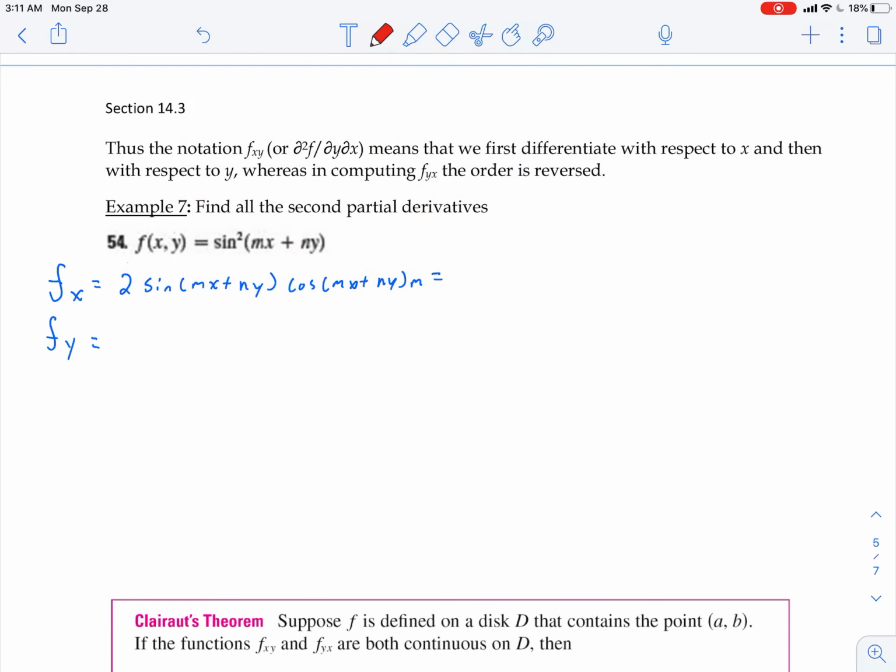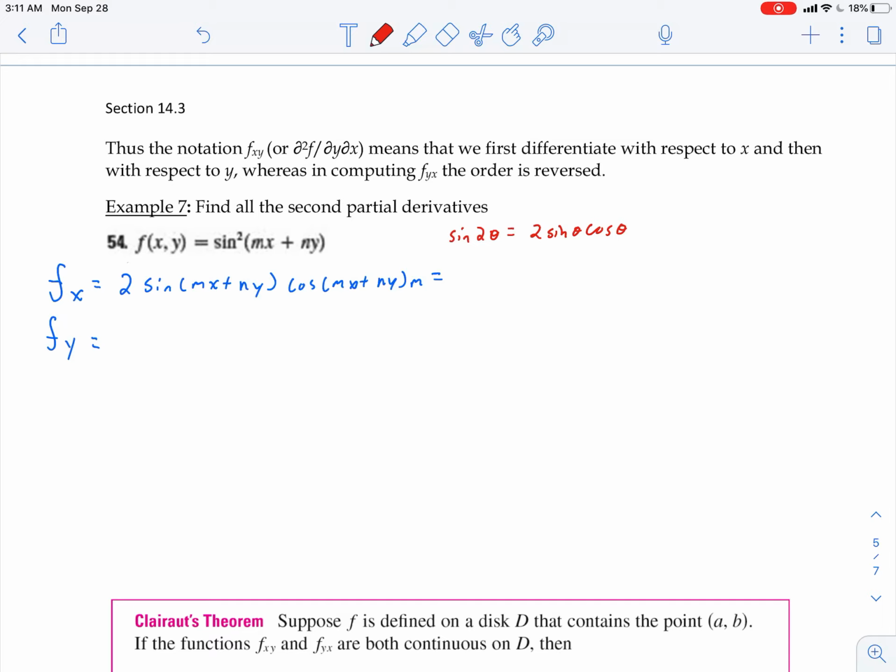I'm going to rewrite this, so make sure that you see the identity of the double angle formula. If I have sine of 2 theta, that's just 2 sine theta cosine theta.